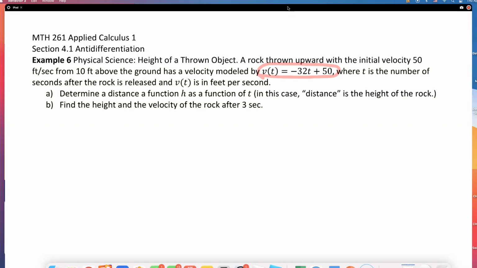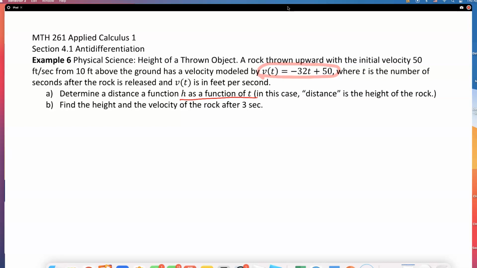Guys, do you remember? We often start with the distance function. I was going to write d of t, but they said name this h as a function of t. Well, it makes sense because it's a rock thrown vertically upward, so what's changing is height.